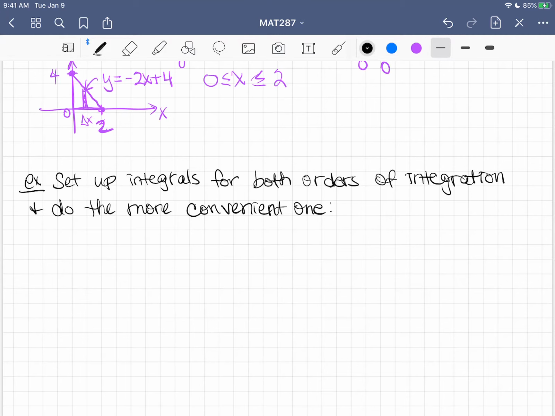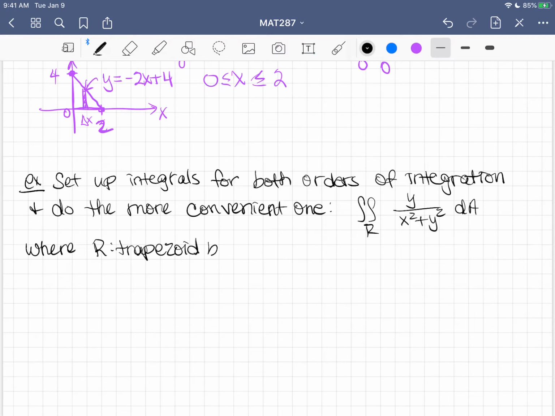Okay, so I'm looking at the integral over R of y over x squared plus y squared dA, where R is the trapezoid bounded by y equals x, y equals 2x, x equals 1, and x equals 2.